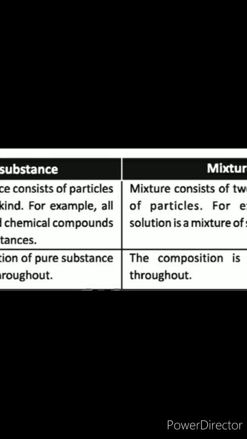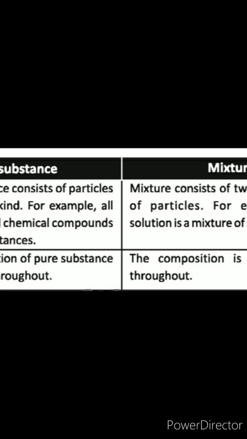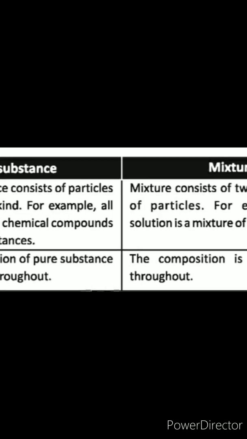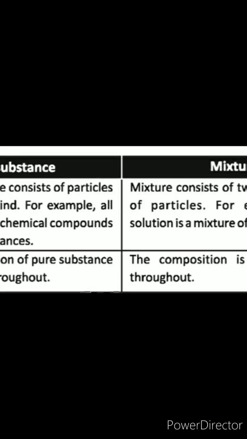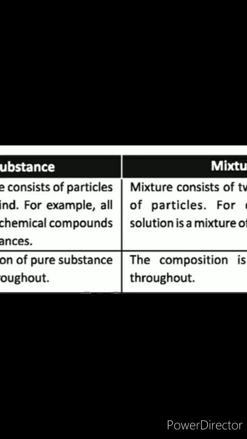For example, the melting point of water is 0 degrees Celsius and boiling point is 100 degrees Celsius. A mixture has no definite physical properties such as boiling point, melting point, and density. We can't say 0 degrees, 100 degrees like that. It may change.